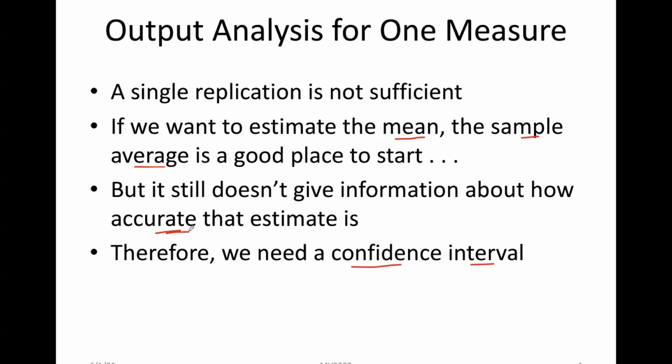Because if we have a very tight, very small confidence interval, then we have a certain degree of confidence that the estimate we came up with is indeed close to the true value. The thing to understand is we will never know what the true value is. We just won't. We have to accept that. But we can get close. And a confidence interval is a way of getting that close.